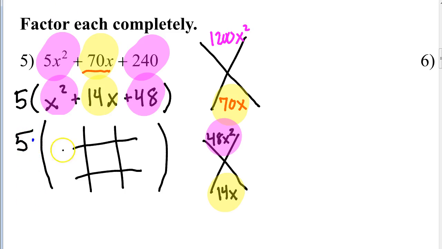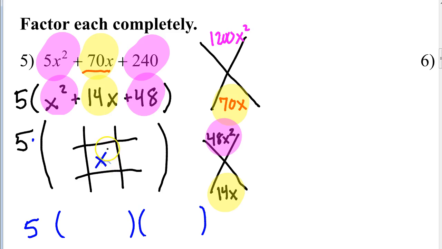A lot of times people take out the 5 and do all this work, and then their answer is just the two binomials they got, which is not the right answer because they don't multiply back to the original product. You've got to have that 5 out there in front. That GCF you took out has to be in your answer as well. As long as you don't forget that, you're okay. So I put it up here in front just to remind you.